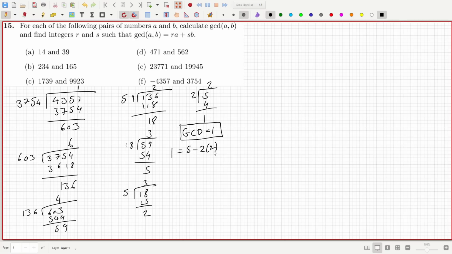Oh, actually, the minus here might mess things up a bit. If I was to put the minus in here, the minus won't mess up the GCD, but it might mess up the substitutions. I want to discover that out later.